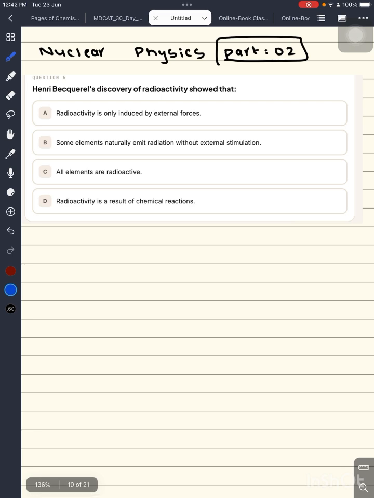So firstly, let's read the first question. Henry Becquerel discovered in 1896 in uranium salt, in which he discovered that radioactivity is spontaneous.